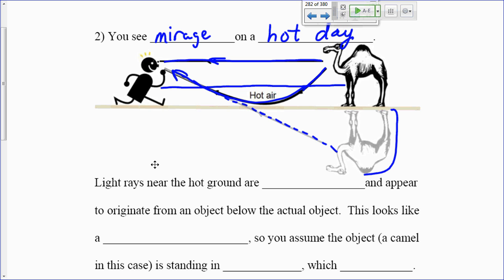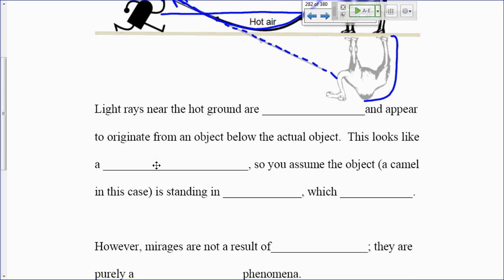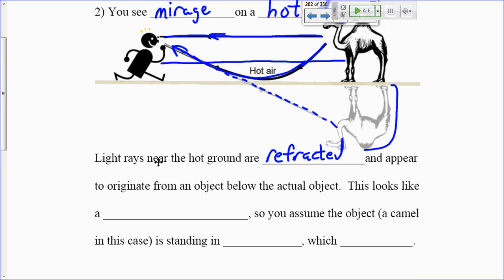I'll show you a picture in just a second, it's kind of cool. So light rays near the hot ground are refracted and appear to originate from an object below the actual object. And this looks like a reflection to you, even though it's really a phenomenon of refraction.